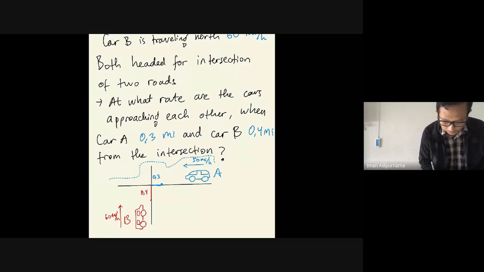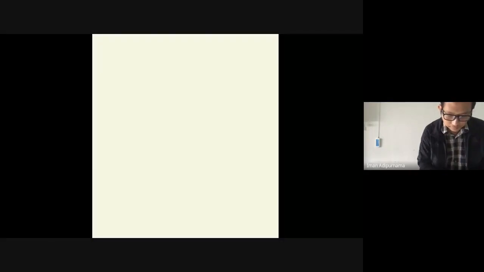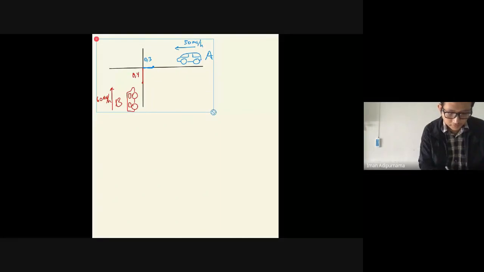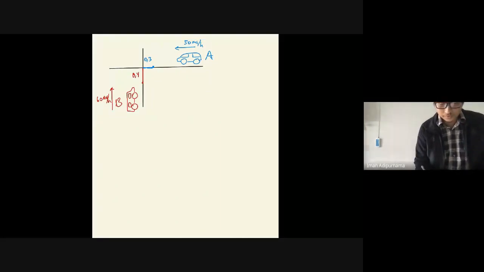Let me move this to another page. So let me draw the first line here, and then it goes here.